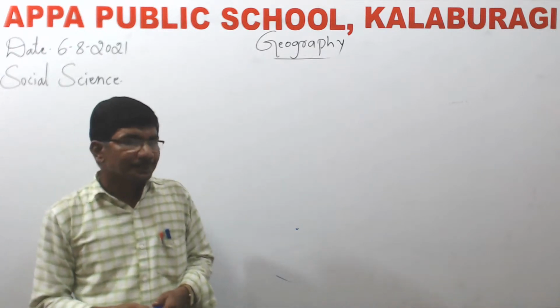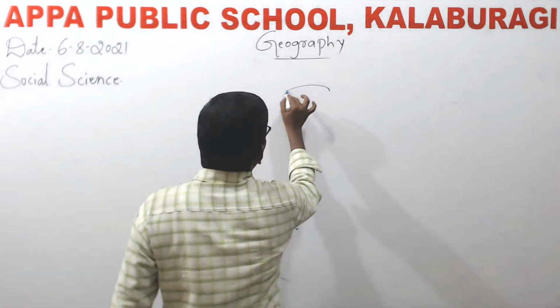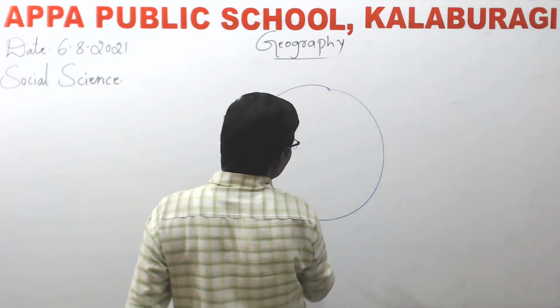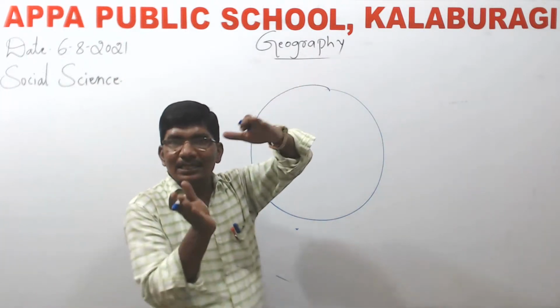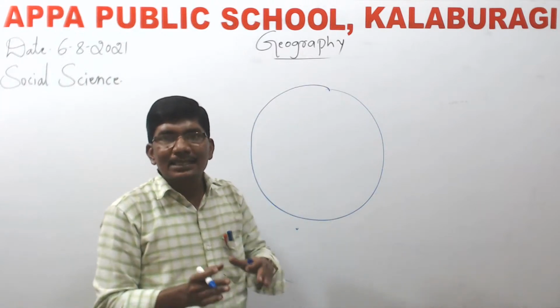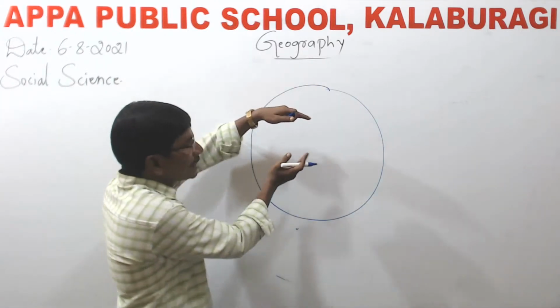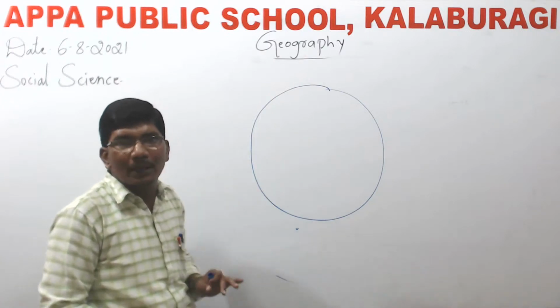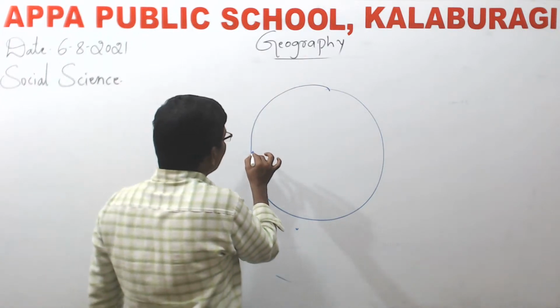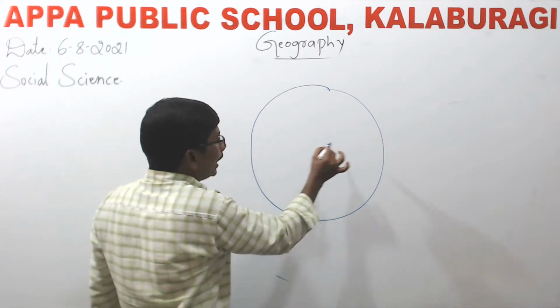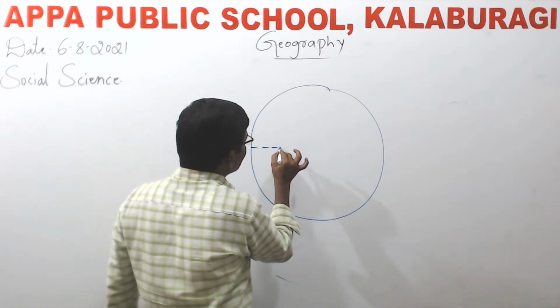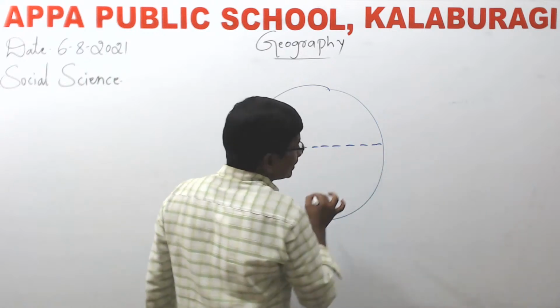Got it, children? Once again I am going to explain. Imagine that this is a globe. Globe is not a perfect circle. It is slightly flattened. Here I cannot show you properly. And the earth's shape, I already said, is geoid. And this line is called, what is that, children?